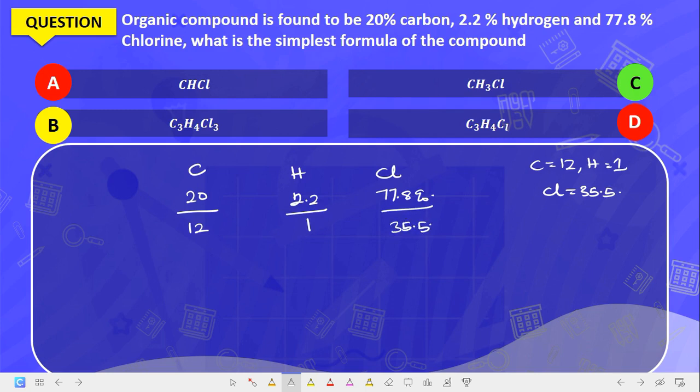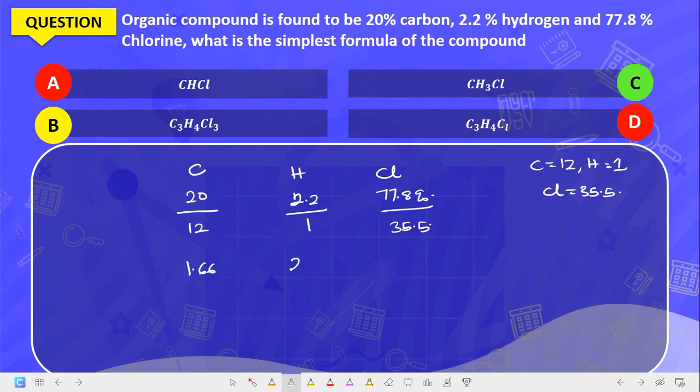Now when you punch your calculator, what are you going to have for each of the cases? 20 divided by 12 will give you 1.666.